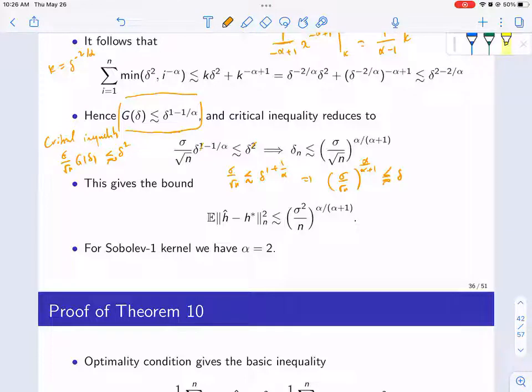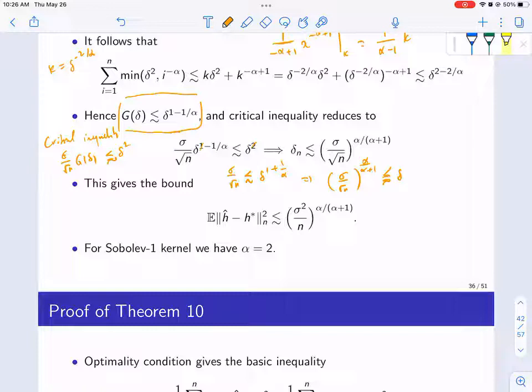And I want the smallest delta, so I'm going to push it to this. So the smallest delta can be at most this. Any delta that satisfies this works. So the end result is that delta n is at most this. You can just take it to be this. Okay?